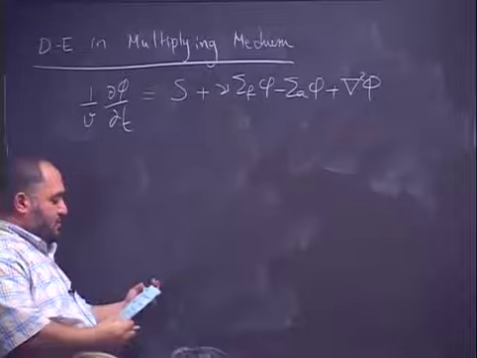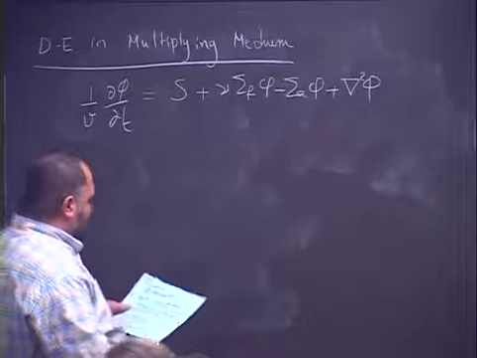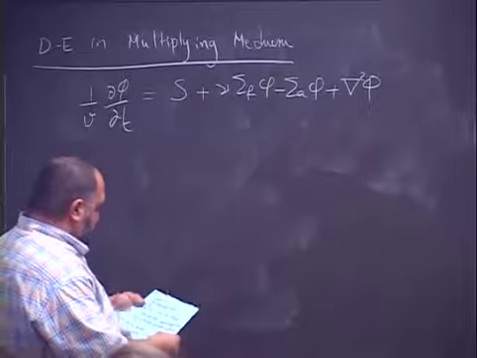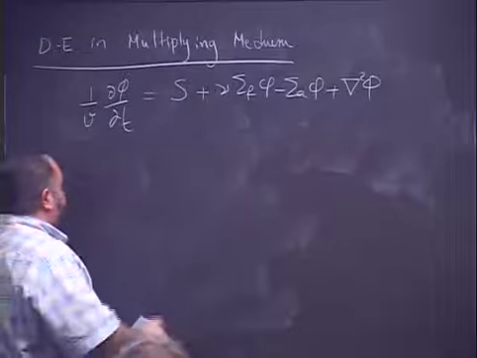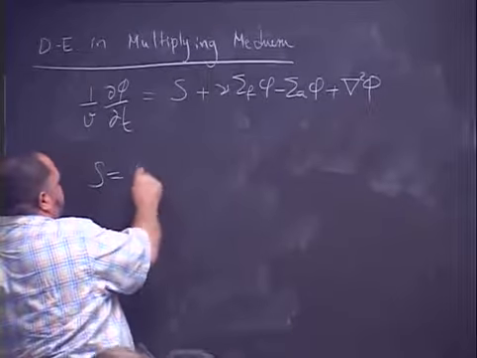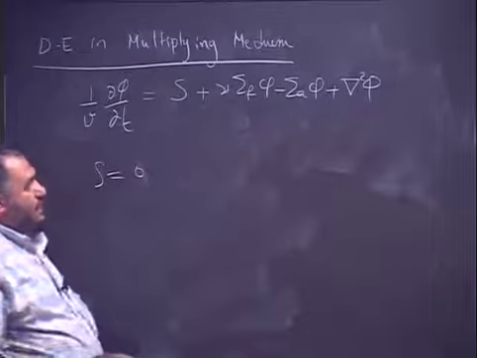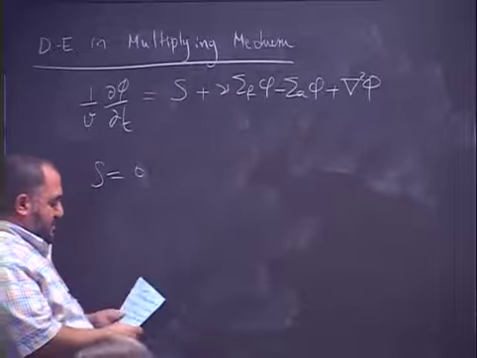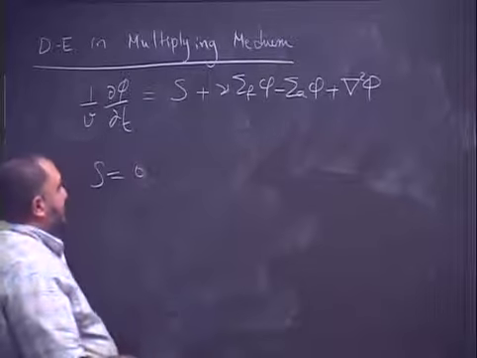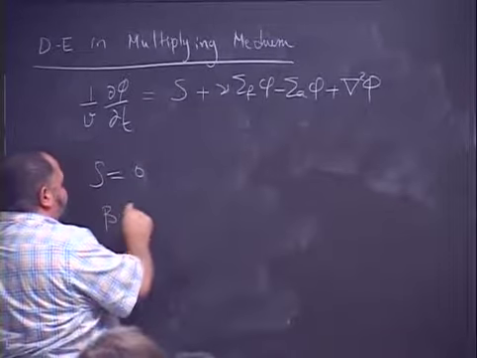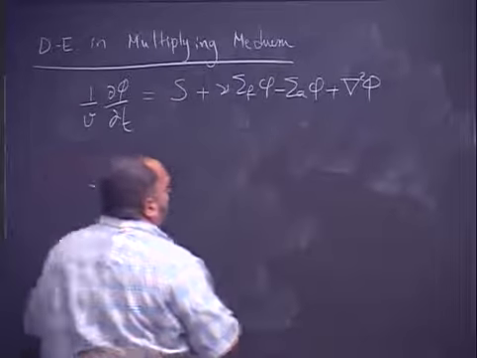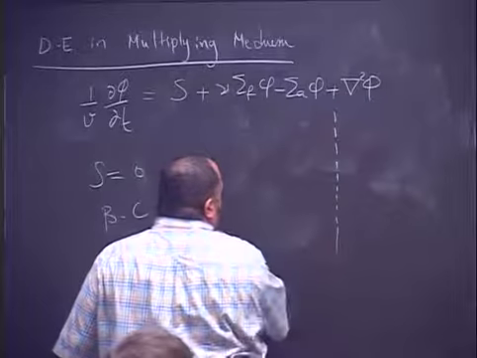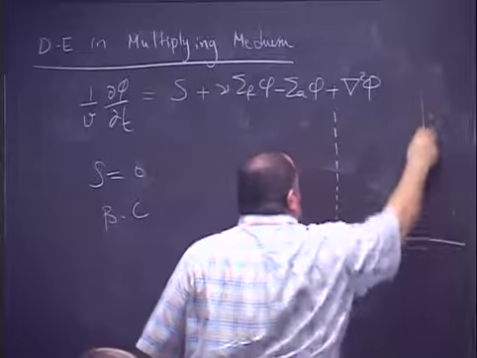Okay, now, if I want to solve this equation, first of all, I will set the external source to be 0. And then I will try to look for boundary and initial conditions. So what is the boundary condition if we are looking for, let's say, a slab geometry? I want to solve this for a slab, for example.